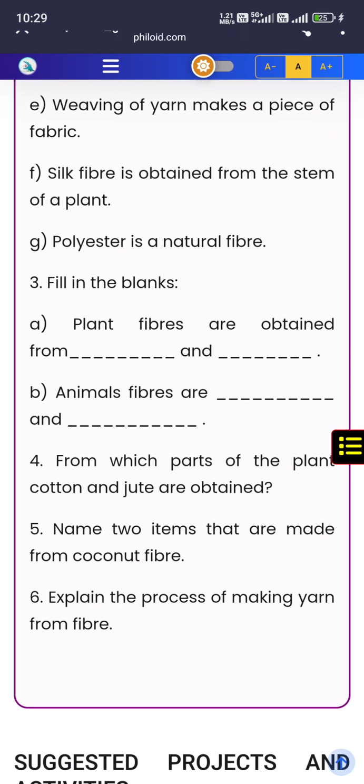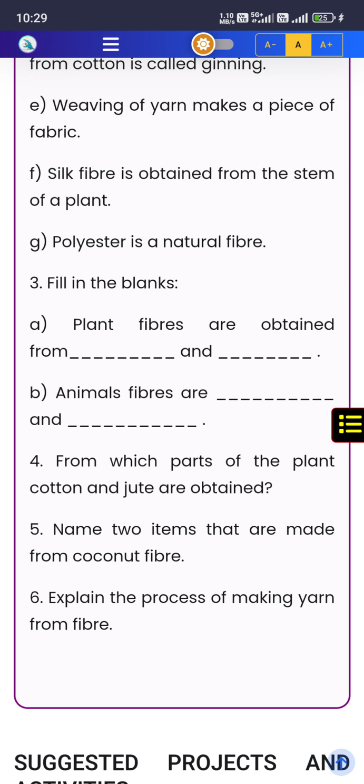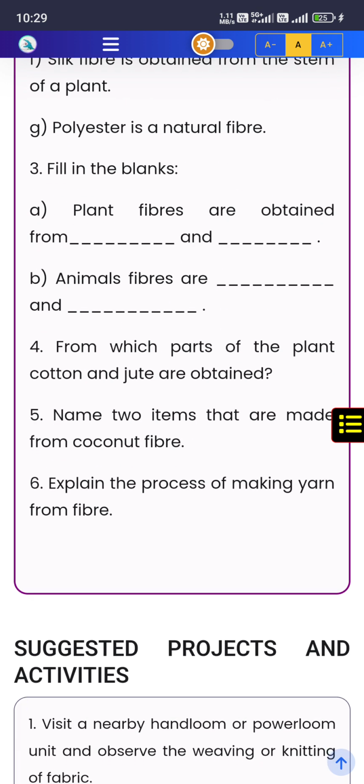From which parts of the plant are cotton and jute obtained? Cotton is obtained from the flower and jute is obtained from the stems. Name two items that are made from coconut fiber: bird nest and scrubber.